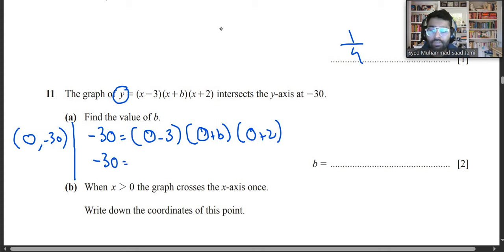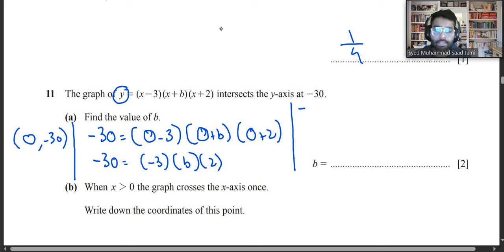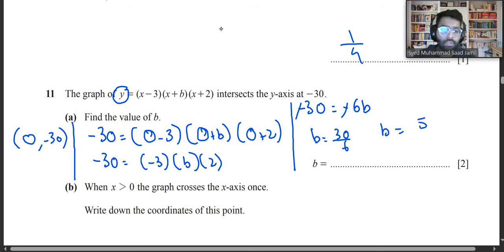Minus 30 is equal to minus 3 multiplied by b multiplied by 2, which is minus 6b. The negatives cancel. b is equal to 30 divided by 6. b is equal to 5.